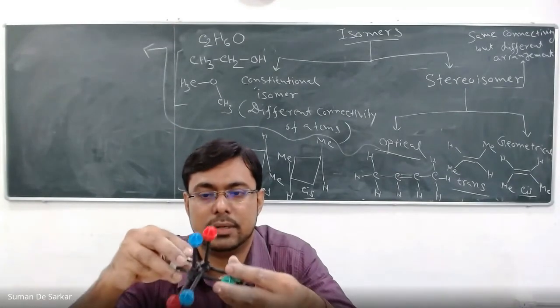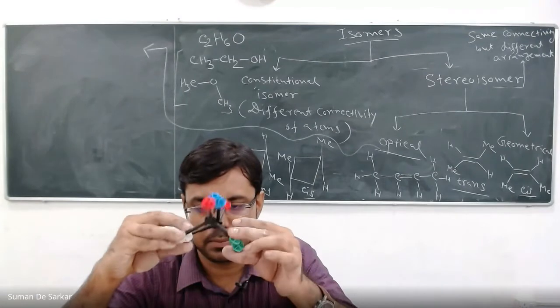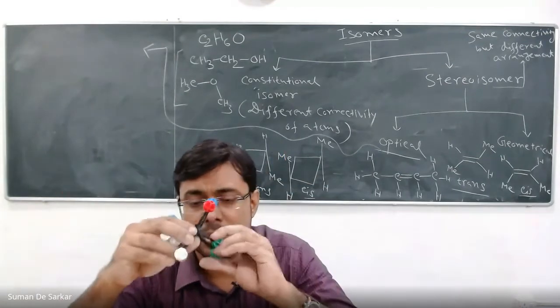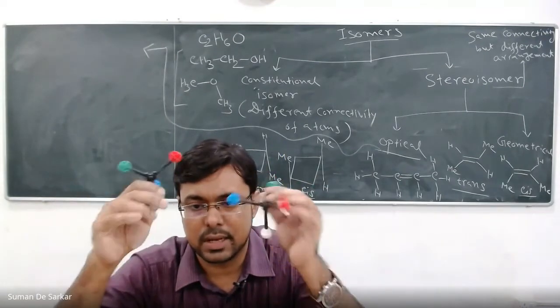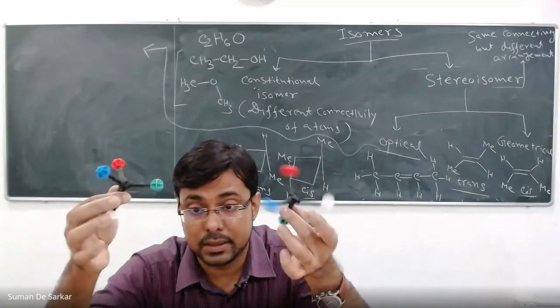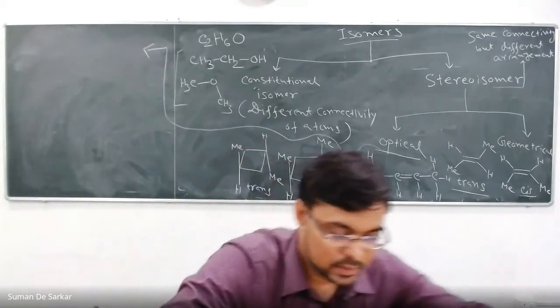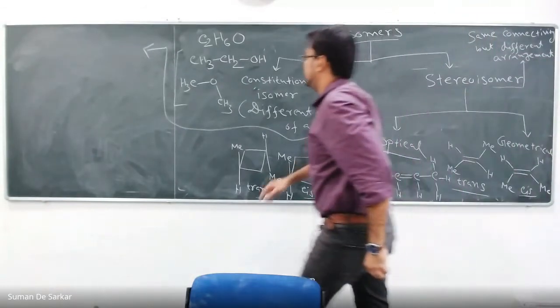Green and white we mixed, but the other two, the red and blue, will not mix. So these two are not the same, but these two are mirror images. That was the origin of the optical stereoisomerism, and the definition comes like this.